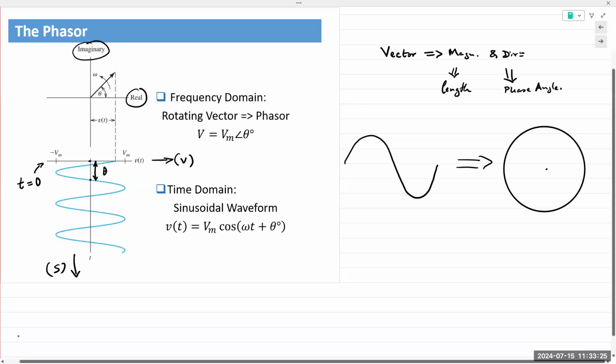A circle can be described as 2 pi radians or 360 degrees.